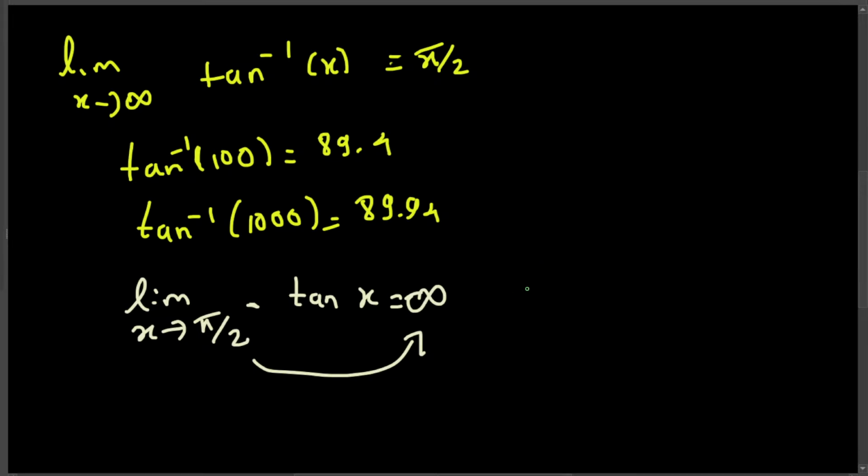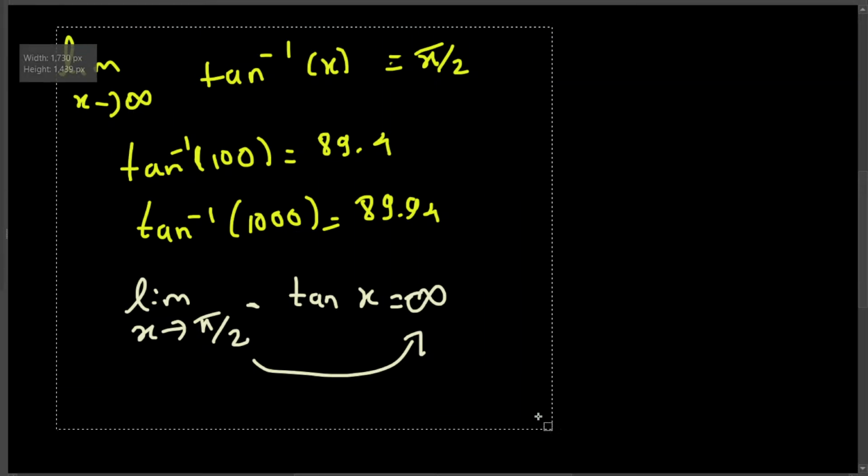Let's look at another problem. Let's say we have a limit given like limit as x approaches infinity of e power negative x. Now here we can do the direct substitution.